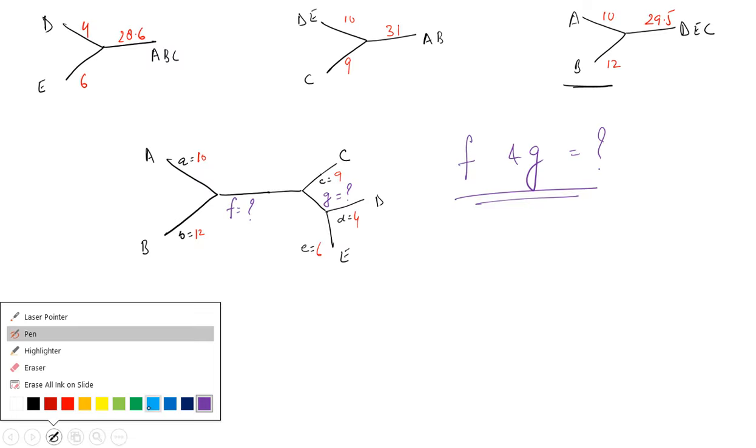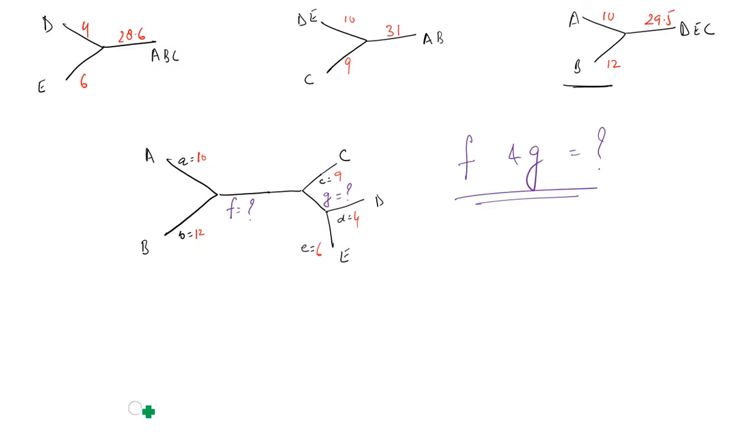Let me change the color to show you. If you see in this tree, this second tree, the AB value is 31. AB value is 31. And this AB was from here to here. This connecting point to the last point, this total value was 31.